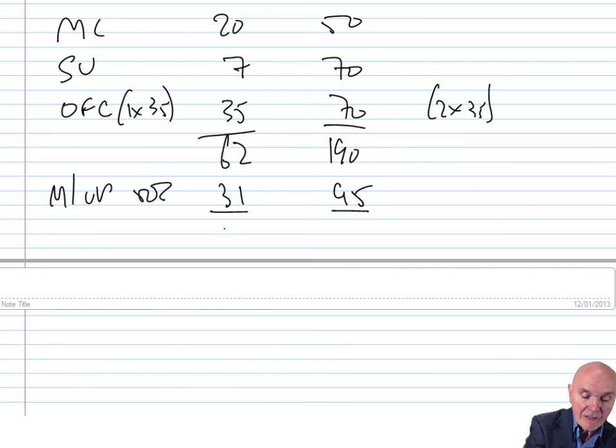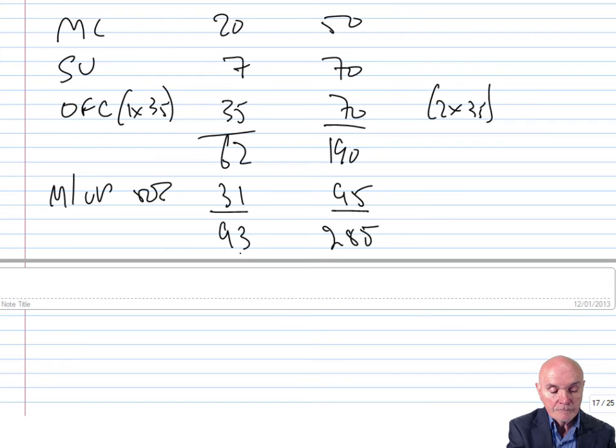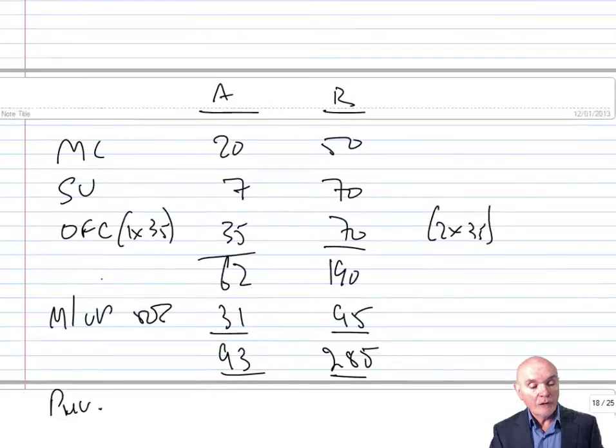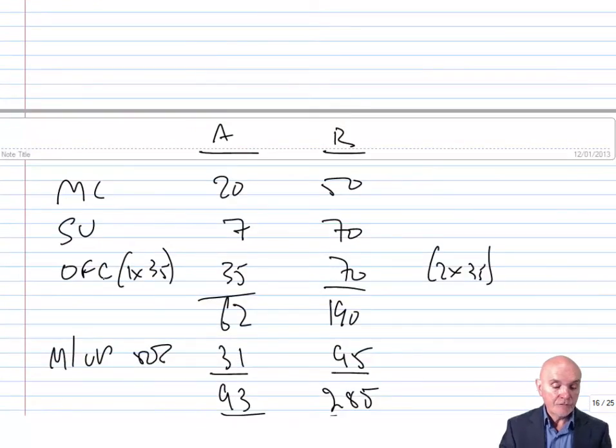So we're going to be coming up to 93 for our cost in that one, and 285 there. Compare that to the previous one, where we had a selling price of 105 and 225.